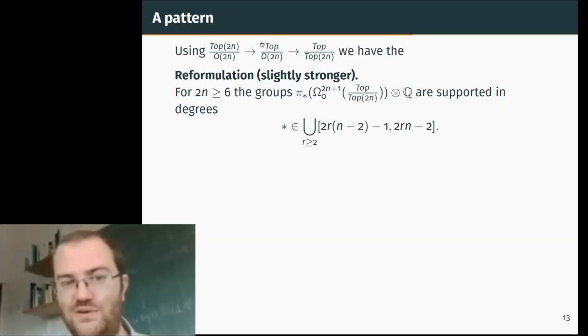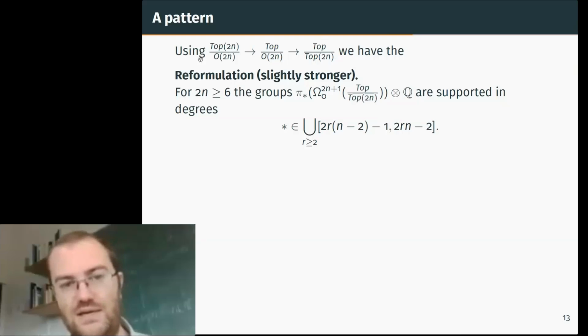So this exactly contributes to all the Weiss classes. And then we can encode in this other term all these bands, this unknown region. So the reformulation is that in dimensions at least 6, the homotopy groups of Top mod Top_n are supported inside these unions of degrees. These are exactly the bands with a little offset maybe.